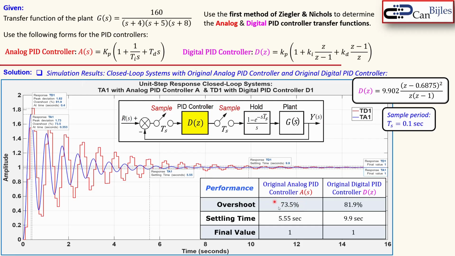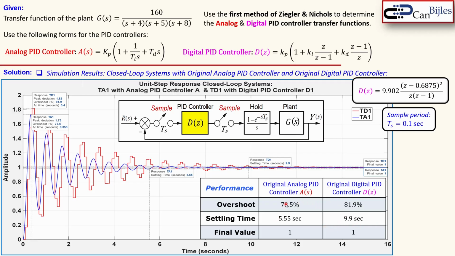We know that we have reduced this to 1%, but looking at just the original PID controllers in the analog and digital domain to compare them clearly, you see that D of Z, which is our original digital PID controller, has almost 82% overshoot, so much larger, and it's also much slower, almost 2 times slower.